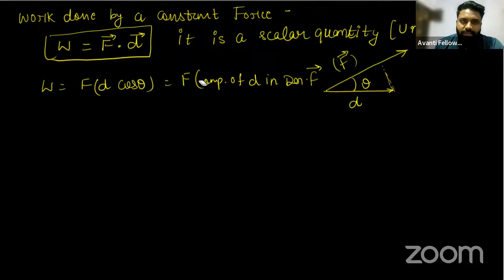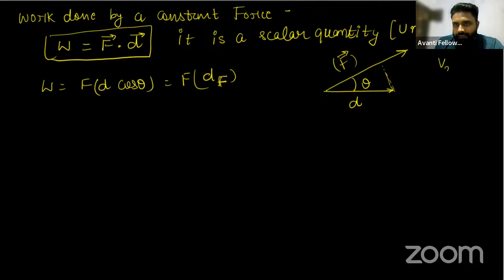You can simply write it as D_F, which means the component of D in the direction of force vector. Because if the component is along the x-axis, you can write it as D_x. Here the component is along F, so you write it as D_F.